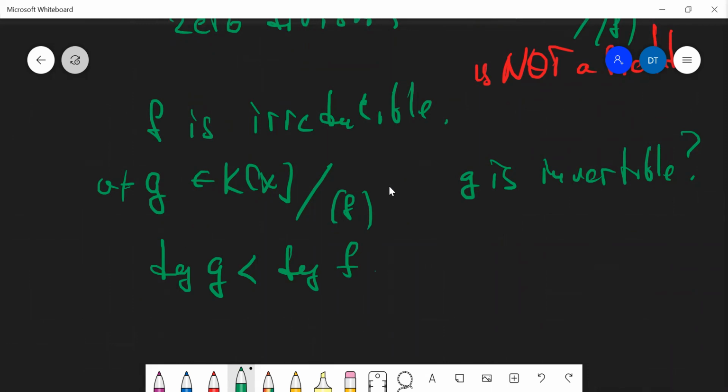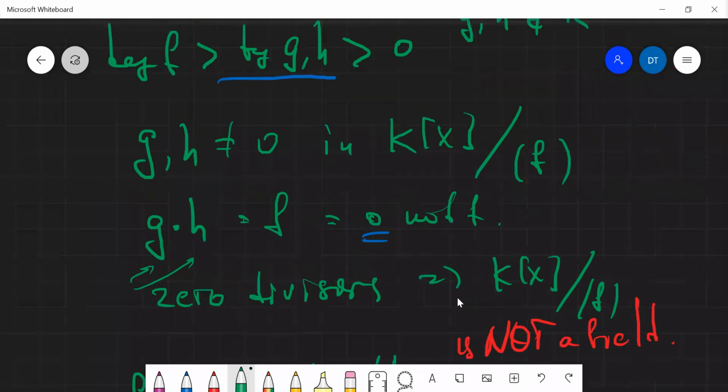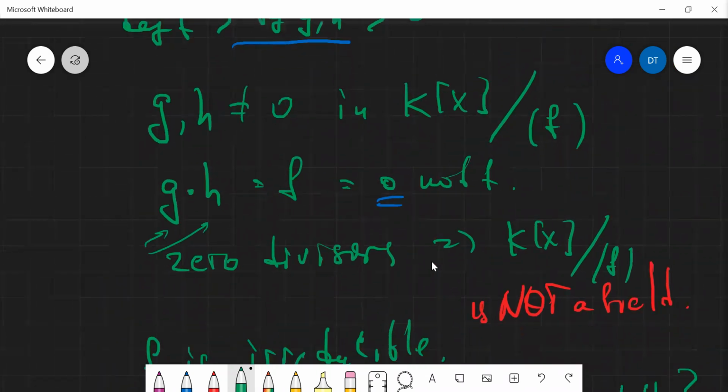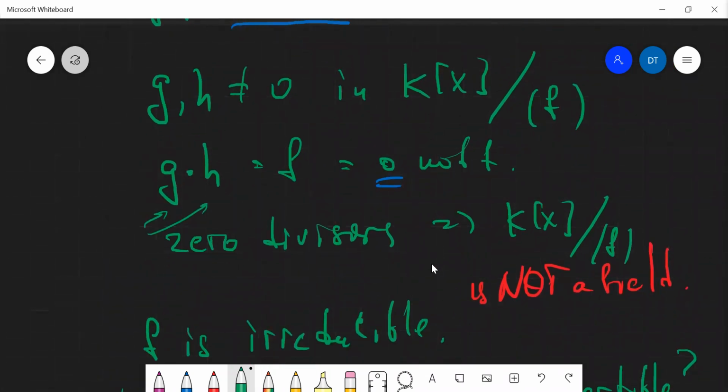Pardon? Is there a question? Yes, there is one question. In regards to the previous part, you've noted that these two elements that we basically use to get f, multiply to get f, are 0 divisors. How does it make K[x] modulo f not a field?